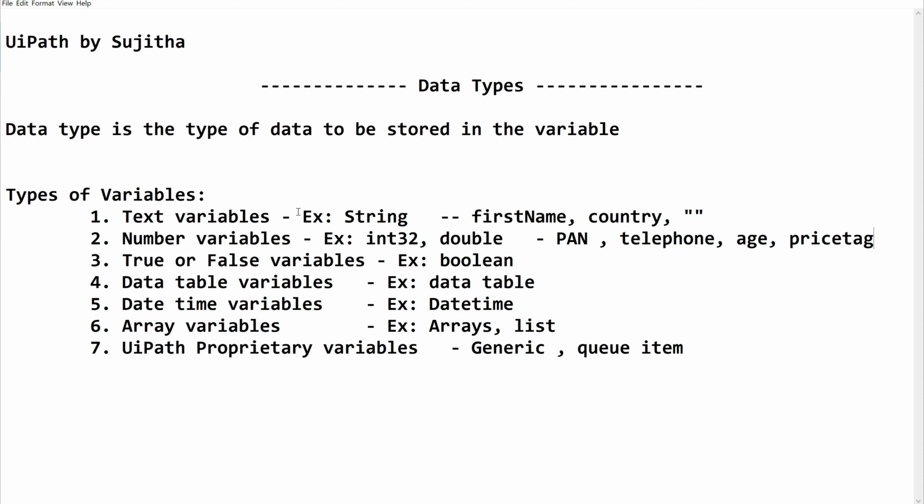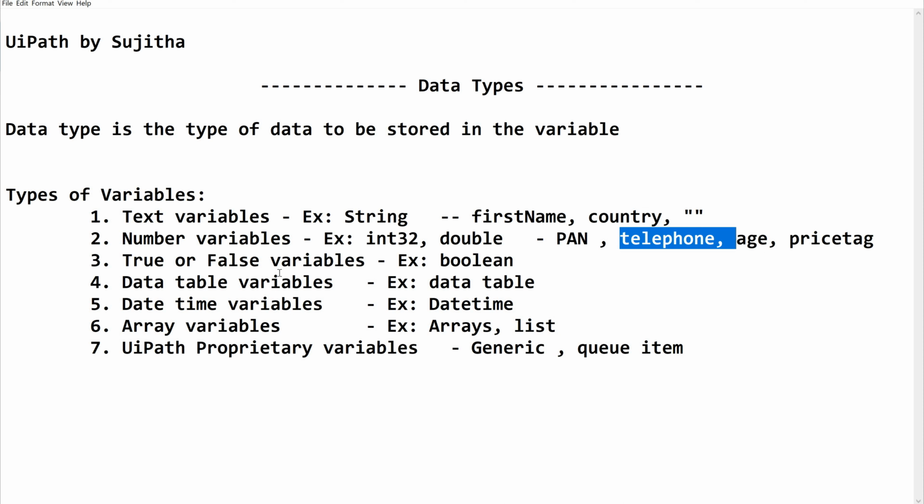Okay, so text variables, nothing but when you are storing your name, Sujitha, UiPath, India, all this. Number variables, say when you are going to store any number into the variable. That means a telephone number, your employee number, age, price tag, all these.